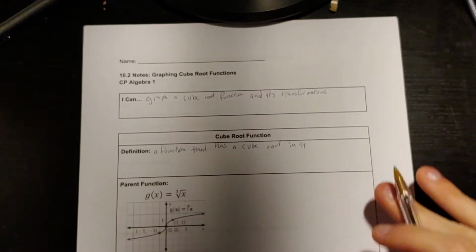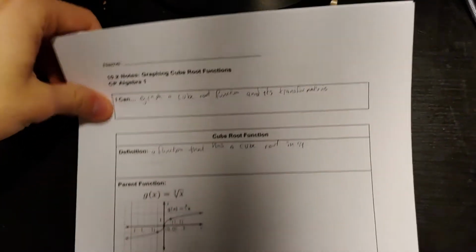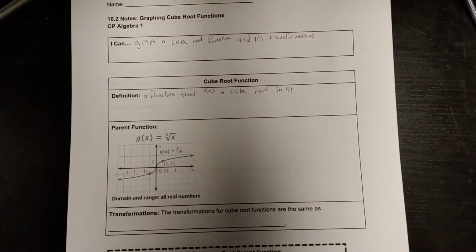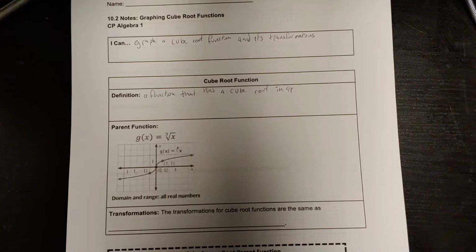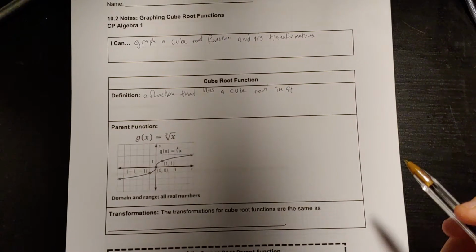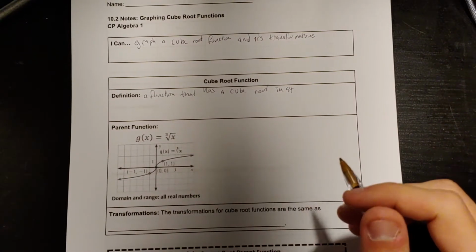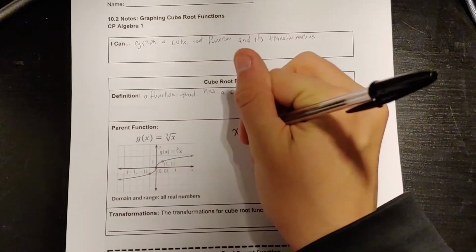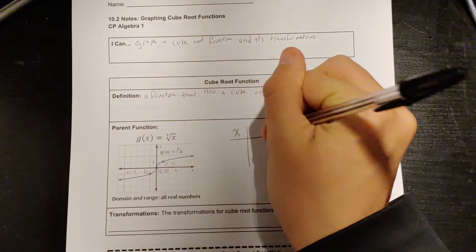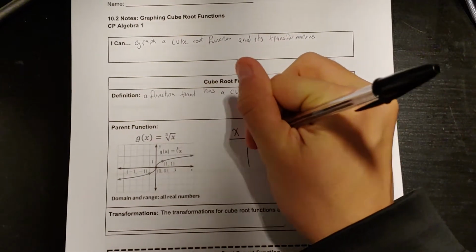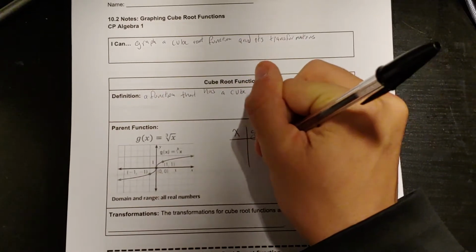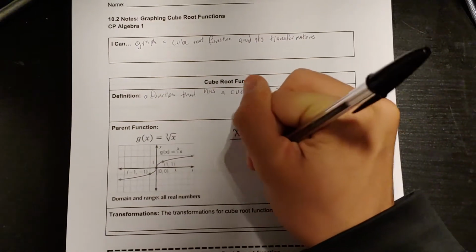In that box below it, we have the parent function g of x equals the cube root of x. And you can kind of see some of the points. I'm going to give you, again, 5 points that would be really good to use. For g of x, -2, -1, 0, 1, and 2.